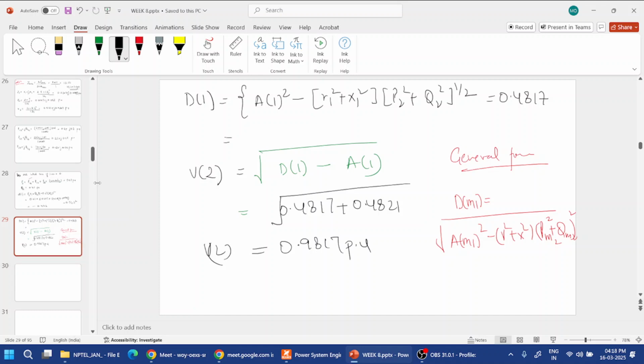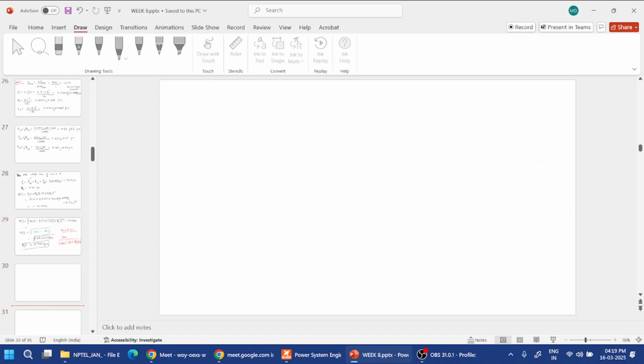So the value comes out to be 0.9817. In the options, there are four options given.